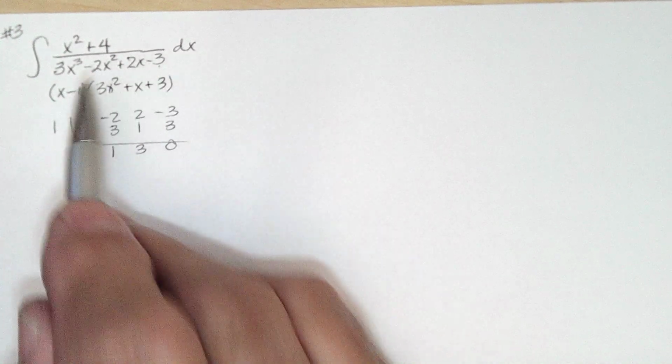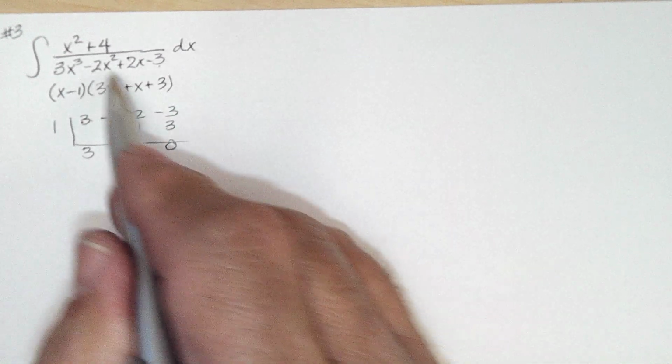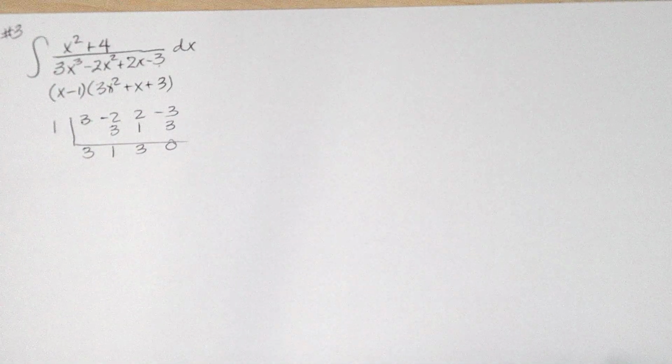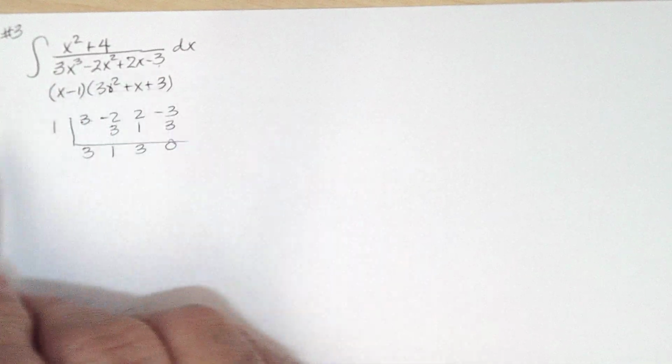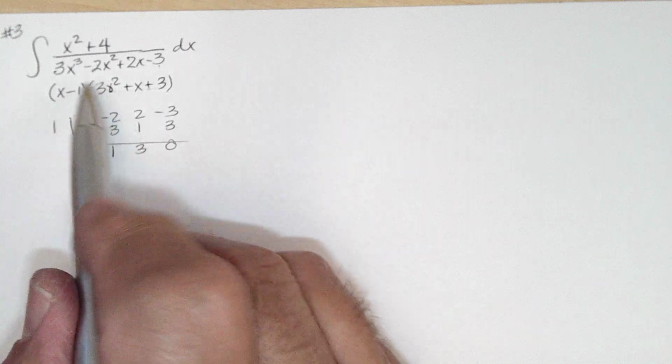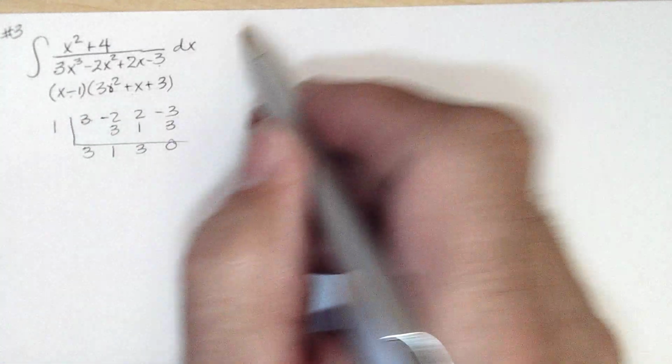Now, you can check that by multiplying x times all these and minus 1 times all those and add them up, and you should get that, if I've done it correctly. So we have, and this doesn't factor, and so therefore we have two factors.